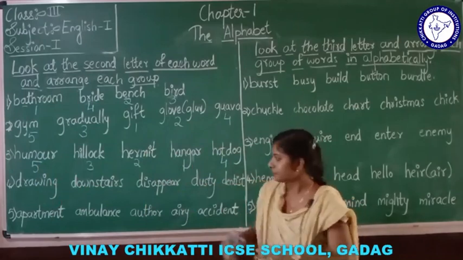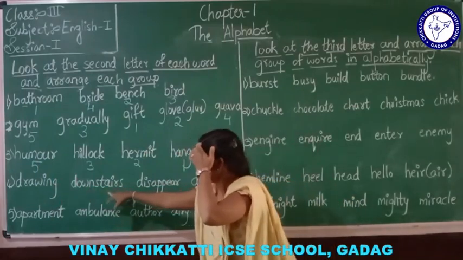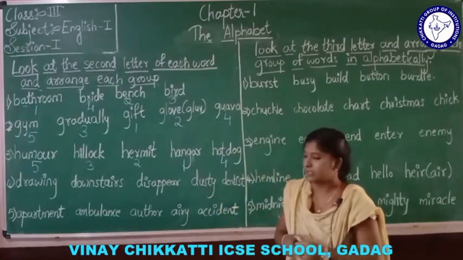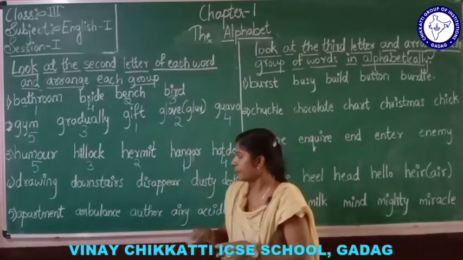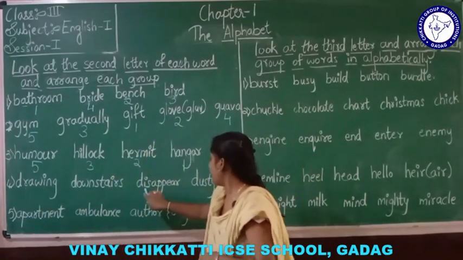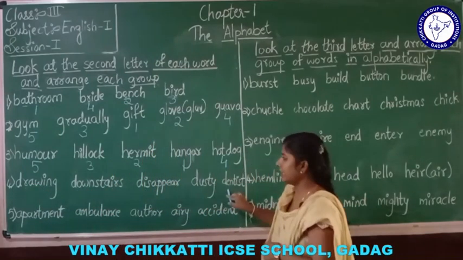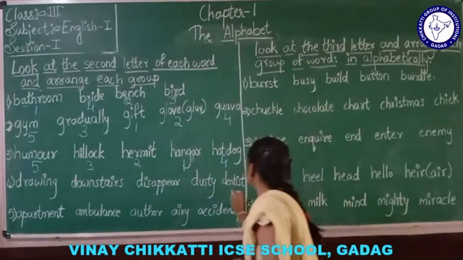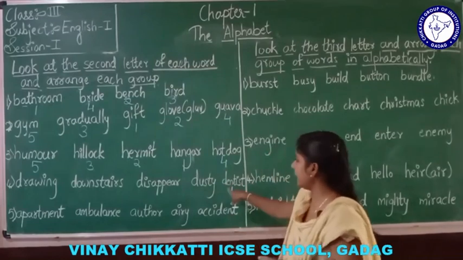Okay. Next, the fourth one: drawing, downstairs, disappear, dusty, and dentist. See the second letter of these words: R, O, I, U and E. So which word comes first? It is dentist, because E is there.